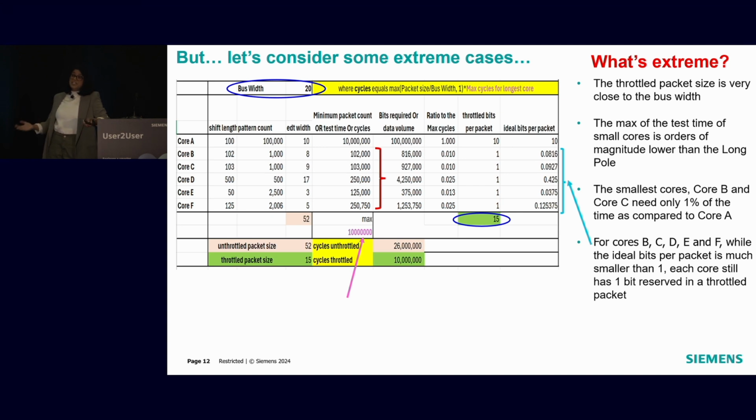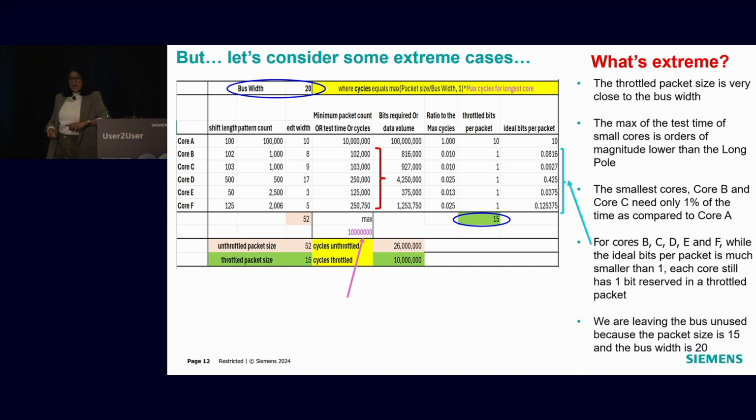The core did not even need 1 bit, nowhere close to 1 bit, but I am still reserving 1 bit for that core, which does not need that 1 bit in the packet. So does that mean even with throttling enabled, I'm still leaving something on the table because my throttle level is not allowing me to deliver less than 1 bit for a core, right?